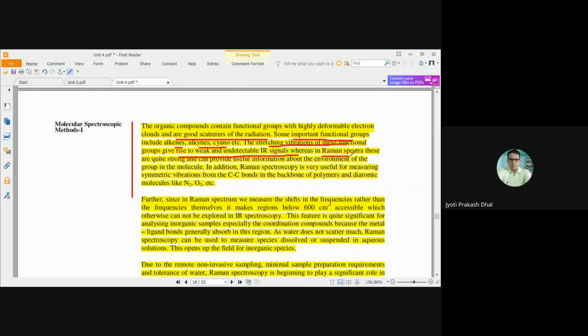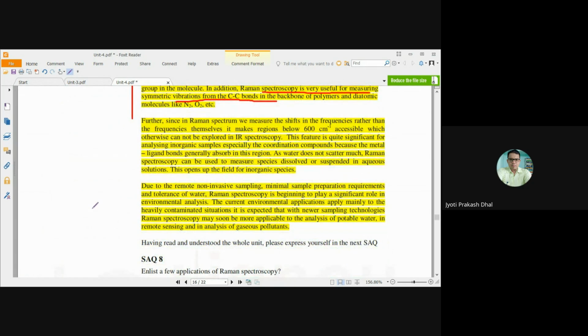While in the Raman spectra, these are quite strong and can provide useful information about the environment of the group in a molecule. In addition, Raman spectroscopy is very useful for measuring symmetric vibrations from carbon-carbon bonds of polymers and diatomic molecules like nitrogen, oxygen, etc., which are Raman inactive.